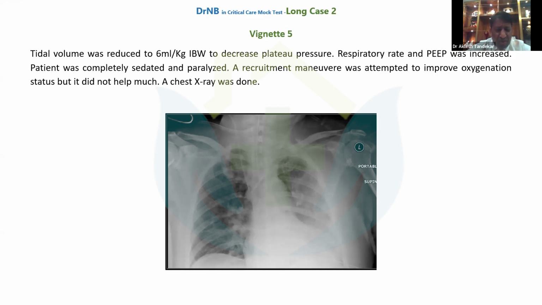Any trials on fluid therapy? FACTT trial. Okay. Anything else? No, I don't know. So what are the different fluid strategies that you advocate in your ICU? Fluid is optimized as per the dynamic indices.